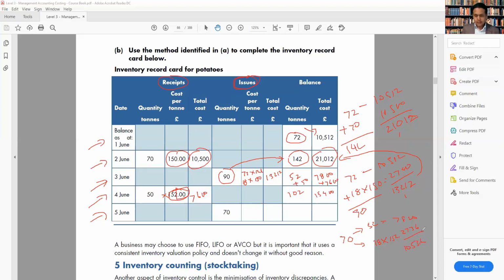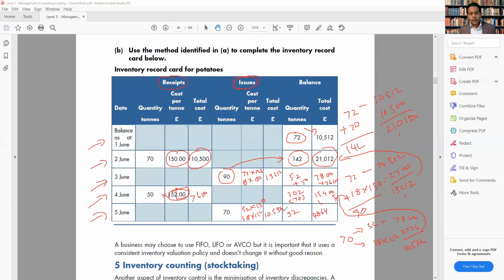And if I minus this from our 15,400, that will give me the remaining value. 102 minus 70 gives you 32 units left, and the value left will be 4,864. And here this 70, I'm going to say 52 at 150 per unit, and another 18 at 152, isn't it? So the total will be 10,536.